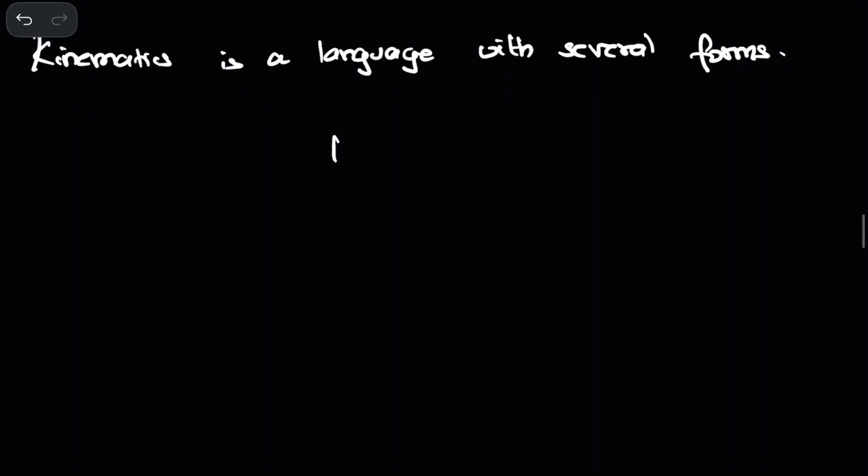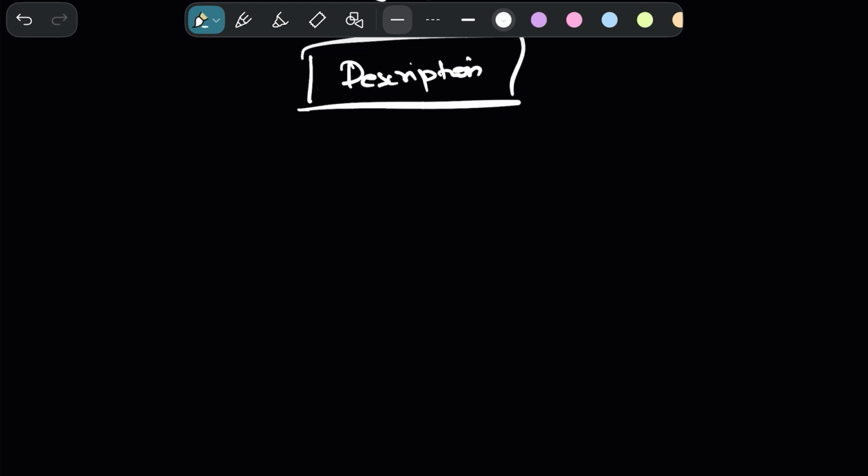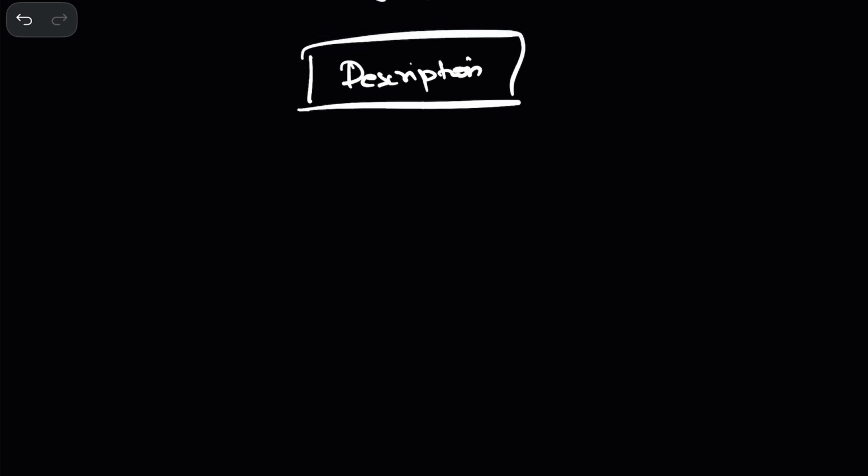So let's do a little mind map. Let's say I have the description, the language for it. This could happen in several ways, right? You could describe these things in words. You could describe these things with a diagram. You could describe it with a table.